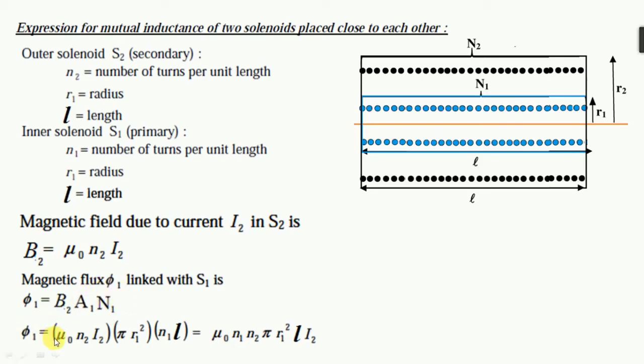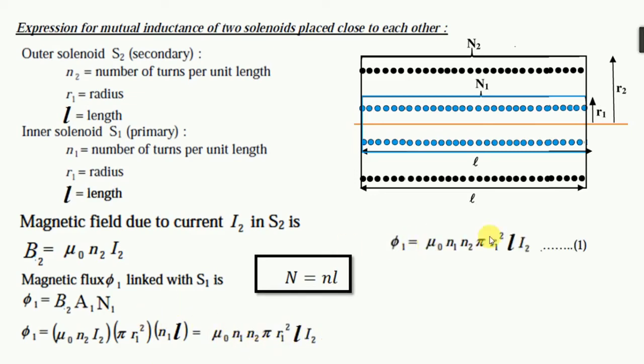So now I'll put the values. B2 is mu naught n2 I2, area of small solenoid is pi R1 square, and for N1 I can write small n1 L. Small n1 is number of turns per unit length of solenoid number 1, and if you open the bracket you will get this. So flux 1 is given by this.